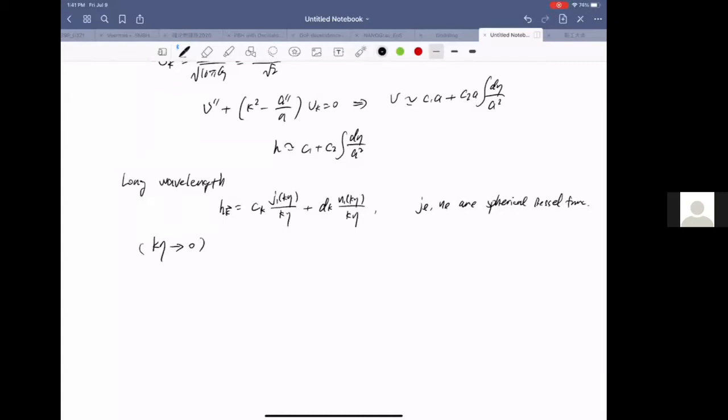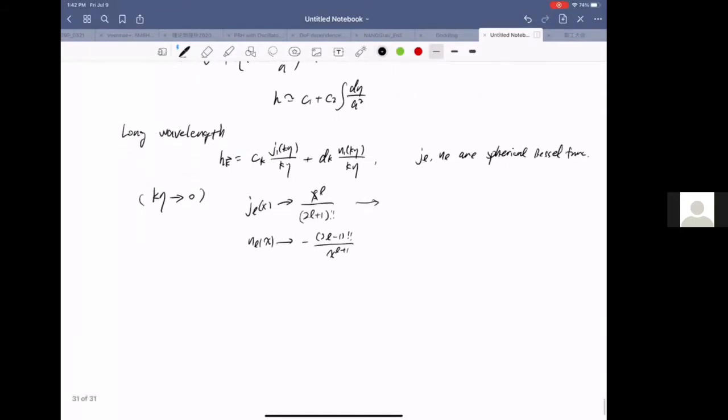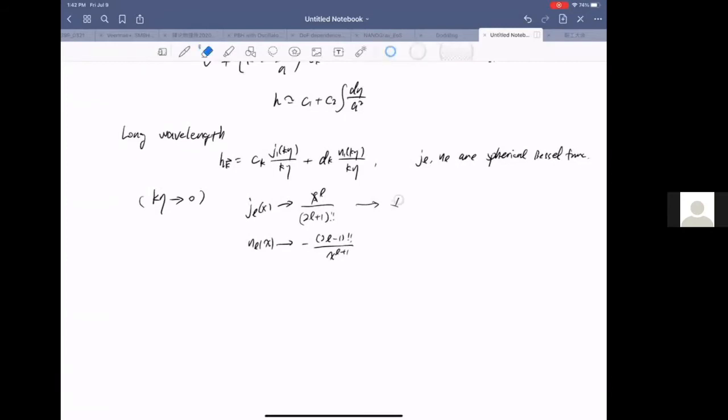So you can immediately say that because we have this, you can find that this is the one we need, because it goes to 1 divided by x, so it's a constant to be connected with h_k from inflation.